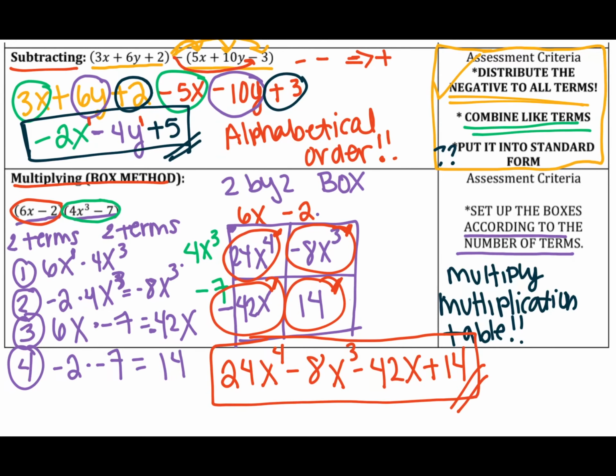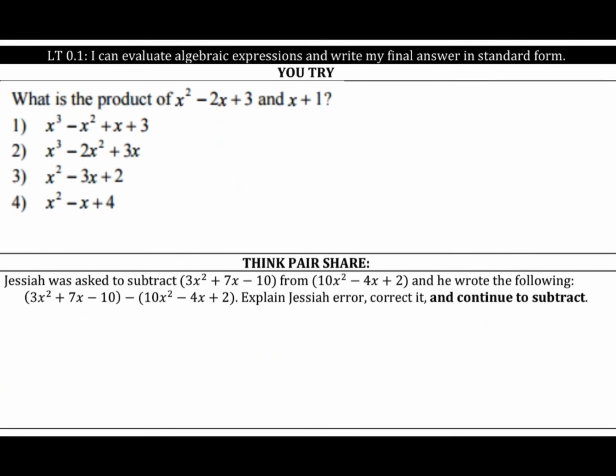Cool. Let's go to our very, very last try. Okay. So now we have to be able to translate those words again. Remember the word product. When we see the word product, what operation do you usually think of? I hope it's multiplication, and if it is, you are absolutely correct. So we're going to be multiplying.